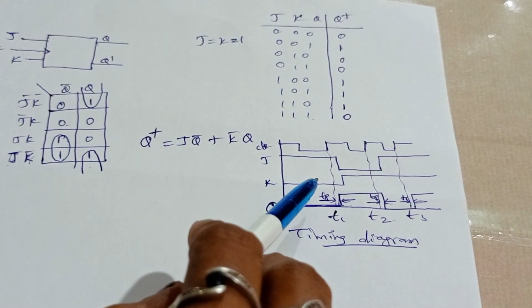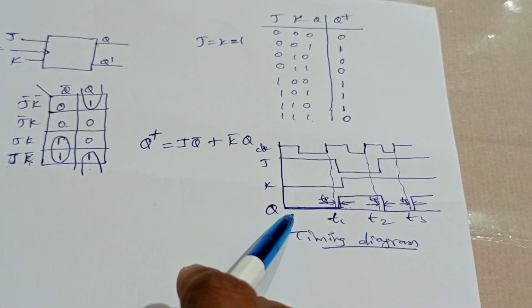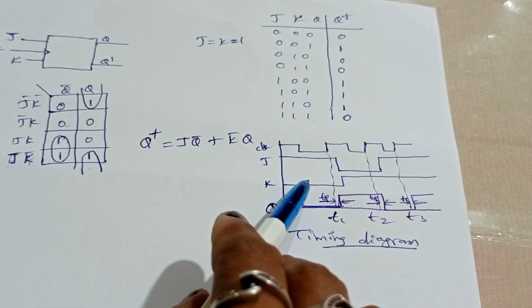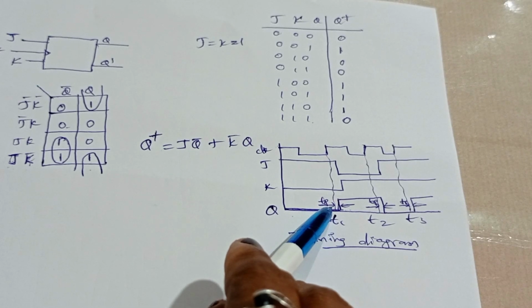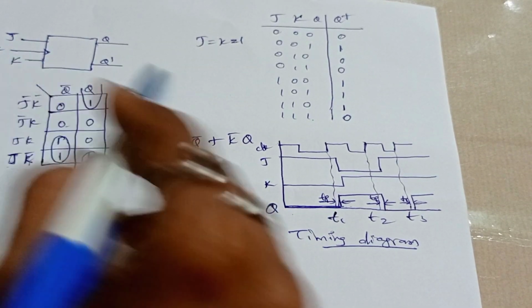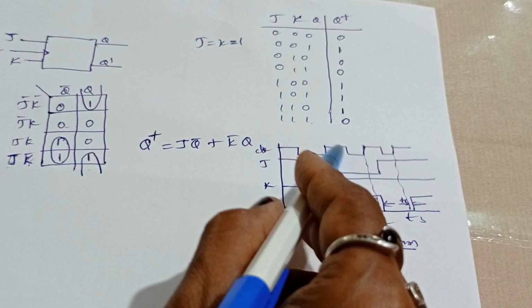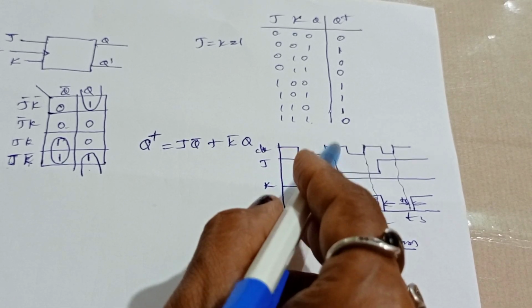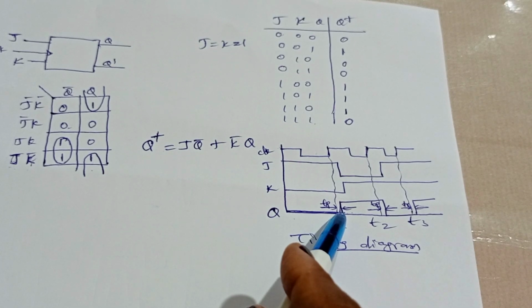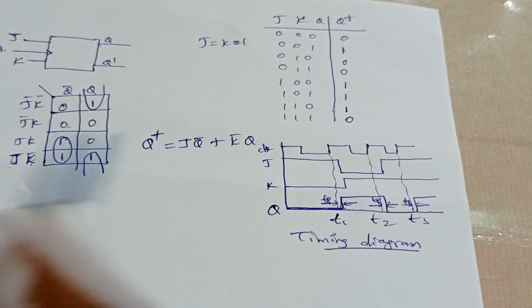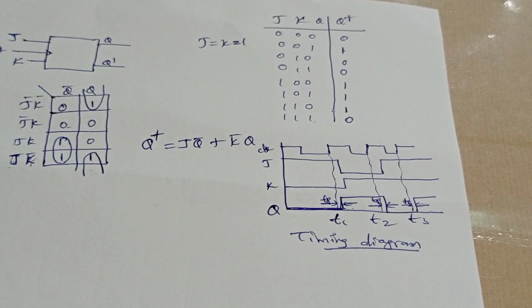The flip-flop changes state a short time after the rising edge of the clock pulse. Here this is a rising edge. Here there will be some short time, after that it will change the state.